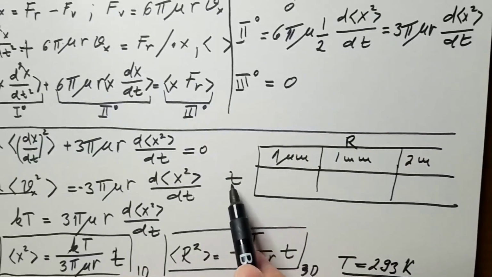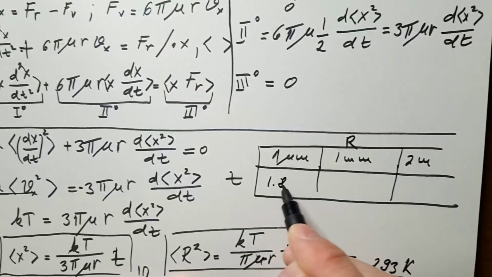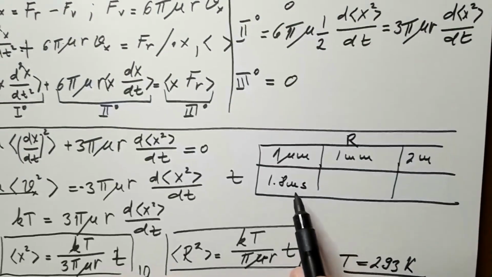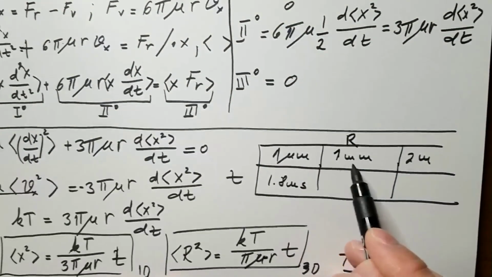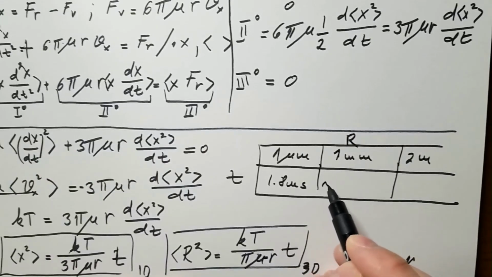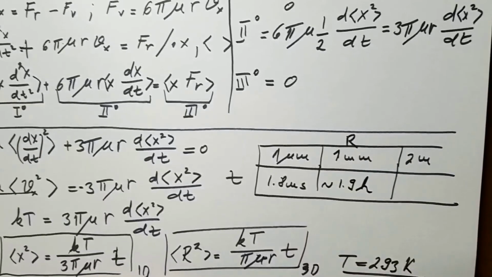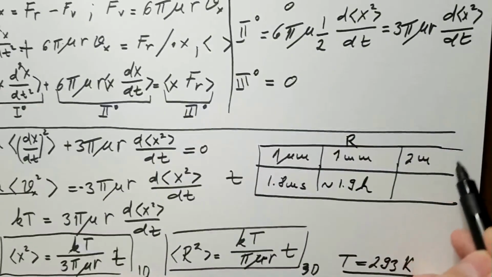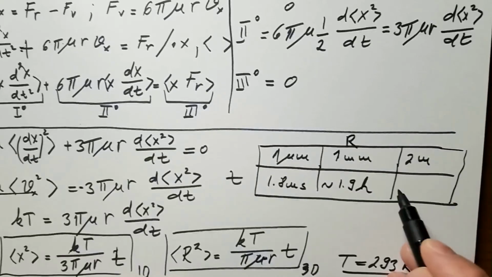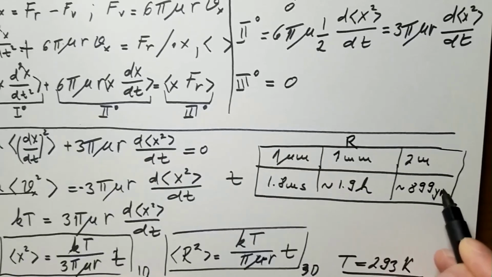Then the time it takes for COVID-19 to traverse 1 micrometer is 1.8 milliseconds, a thousandth of a second. How much time does it take for a COVID-19 particle to move over a distance of 1 millimeter? Well, around 1.9 hours. How much time to move over a distance of 2 meters? Well, around 899 years.